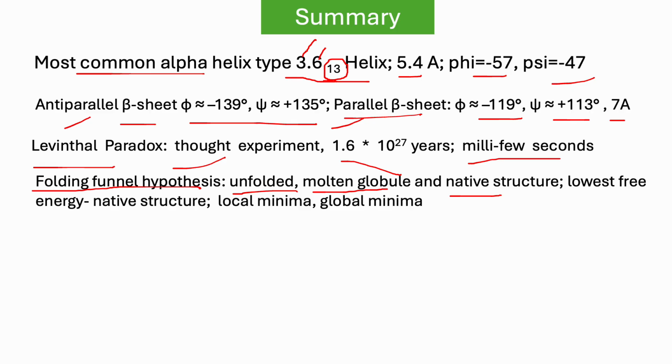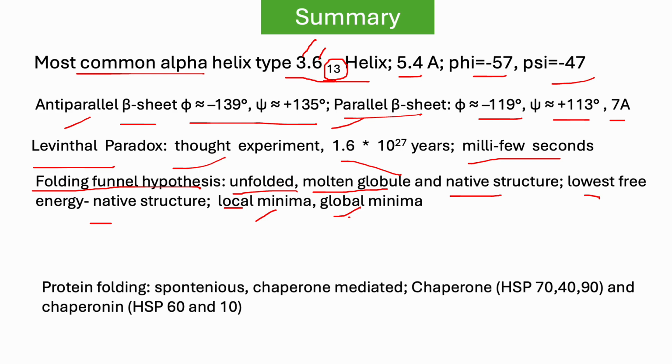The lowest free energy state is the global minima, which is the native structure, and then there are local minima and global minima. Local is an intermediate energy state, and global minima is the lowest energy state. And this native structure is the thermodynamically stable structure of any protein.